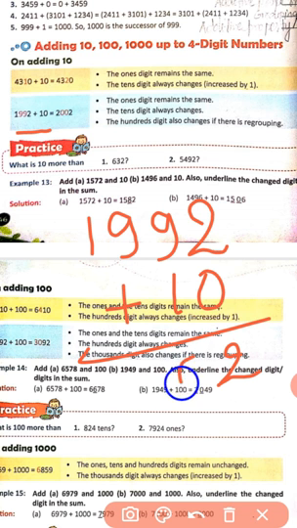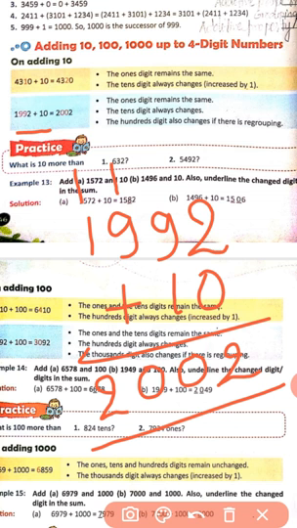So we write 0 under the tens column and carry 1 over to the hundreds place, and 9 hundreds plus 1 hundred is equal to 10. Write 0 under the hundreds column and carry 1 over to the thousands column. So now 1 plus 1 is equal to 2 thousands. So now we have sum 2002.